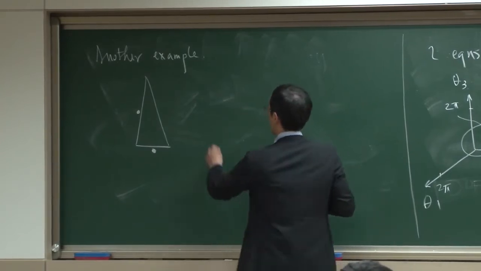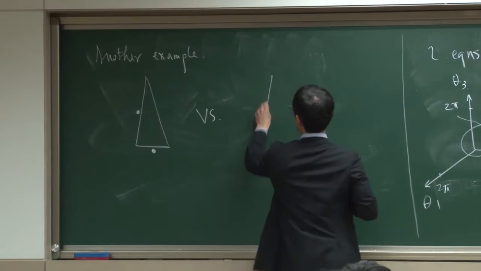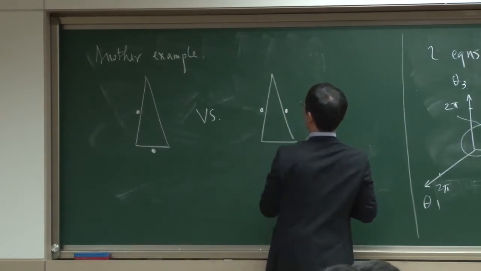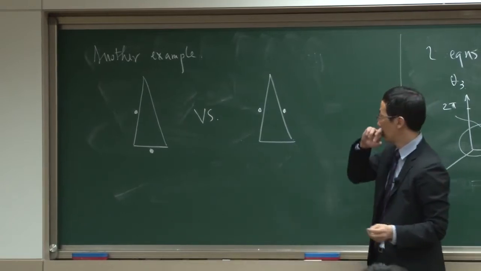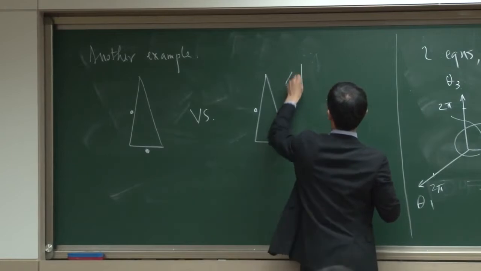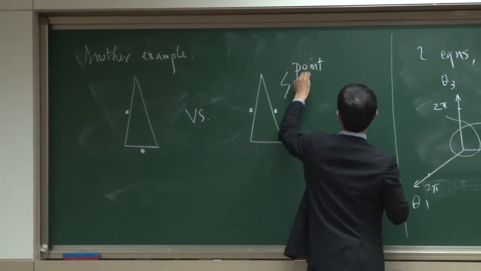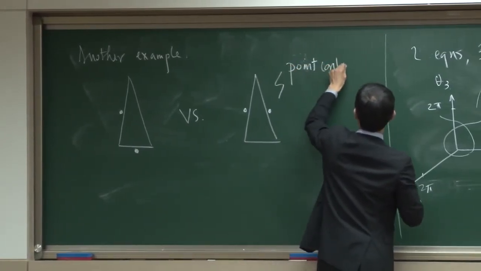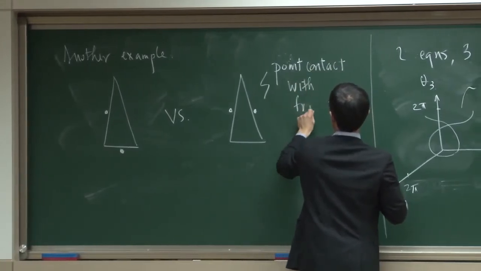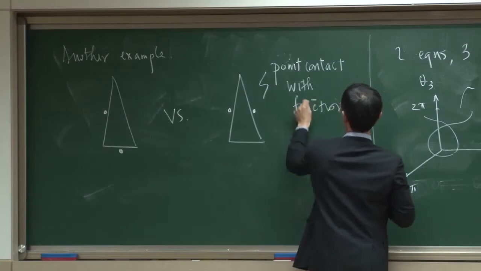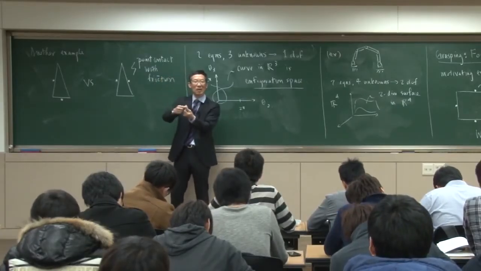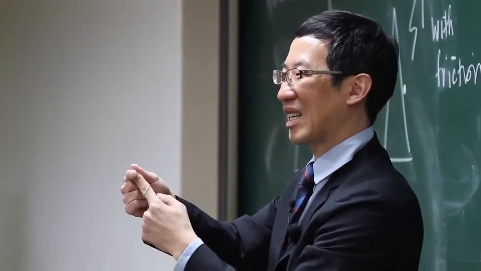In the second case, I decide to grasp the object that way. So these are point contacts with friction. You can imagine these pins, but maybe I put some glue on the pins. So it's kind of sticky.